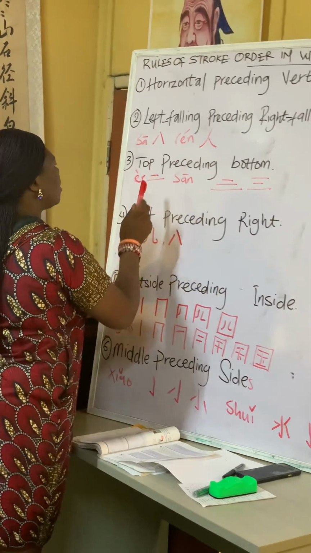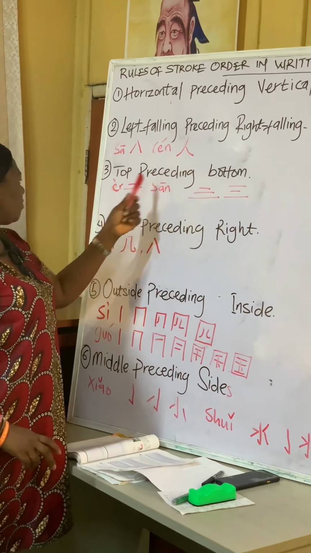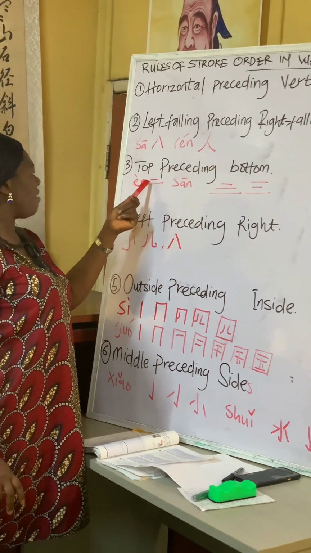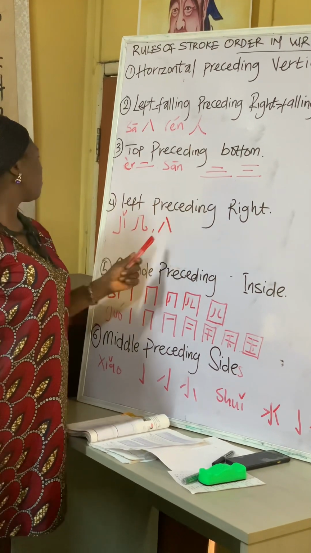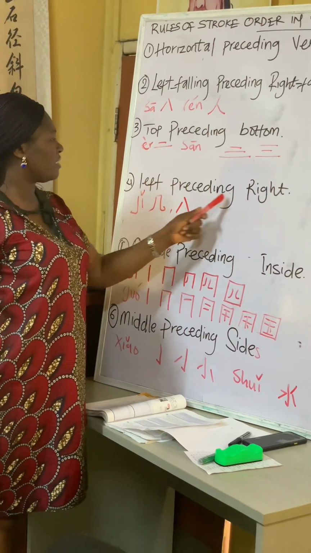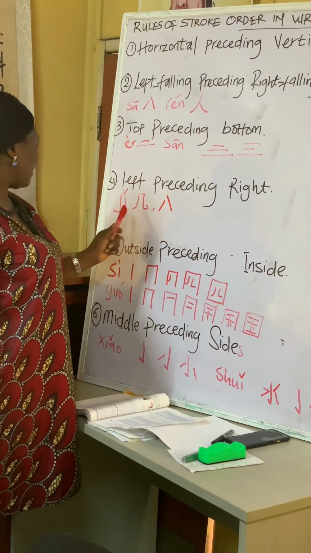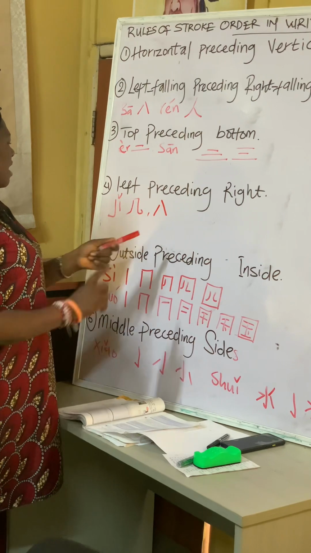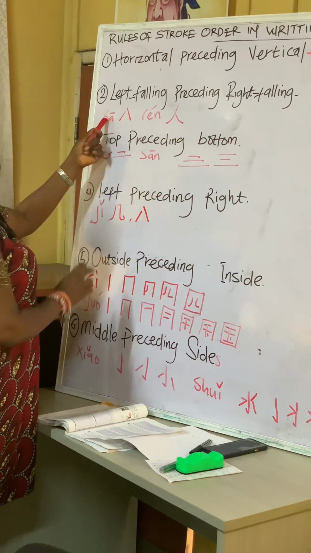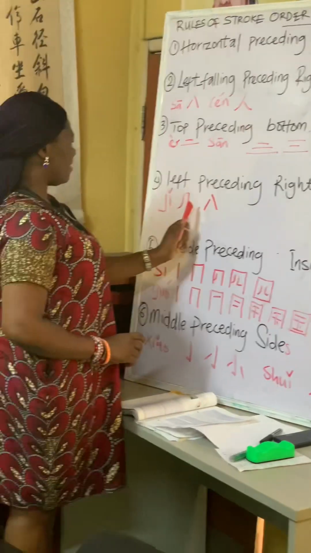The third one, top preceding bottom. When you're writing èr, the one on top before the one below. The fourth one, left preceding right. When you're writing jǐ, which is how many, and bā, eight, the left before the right.